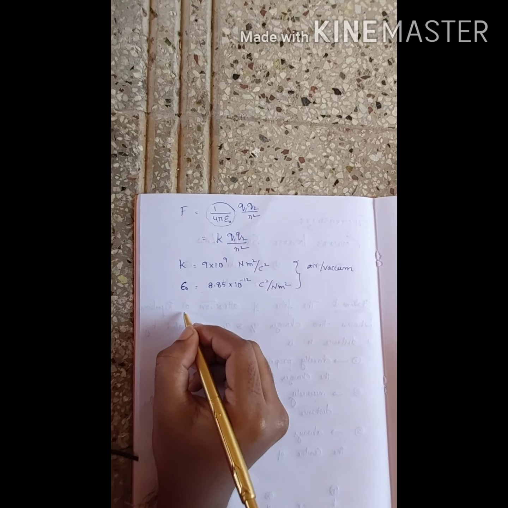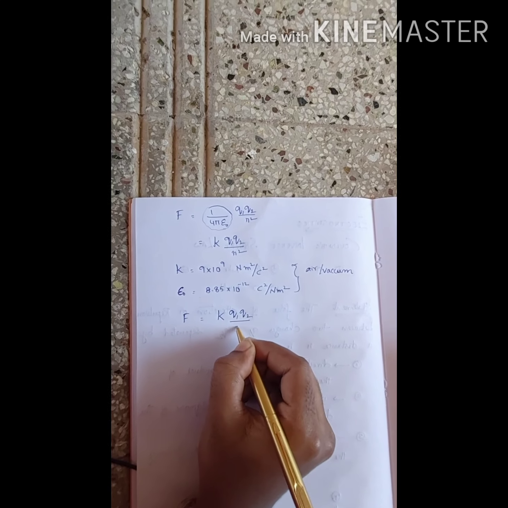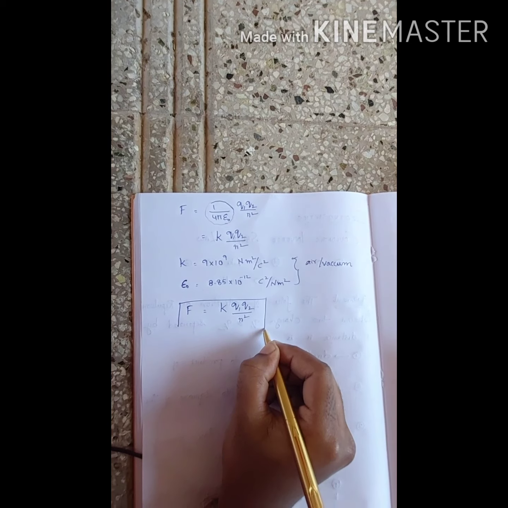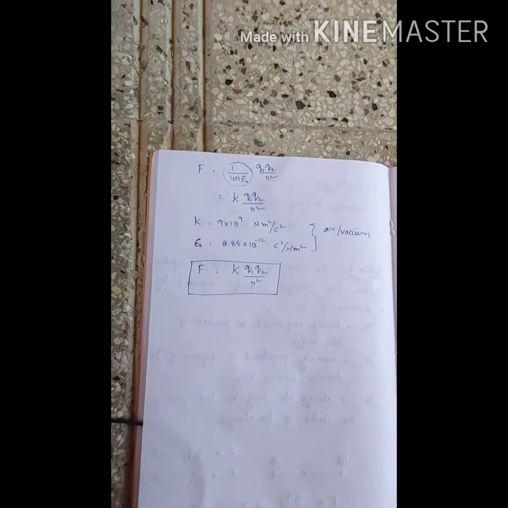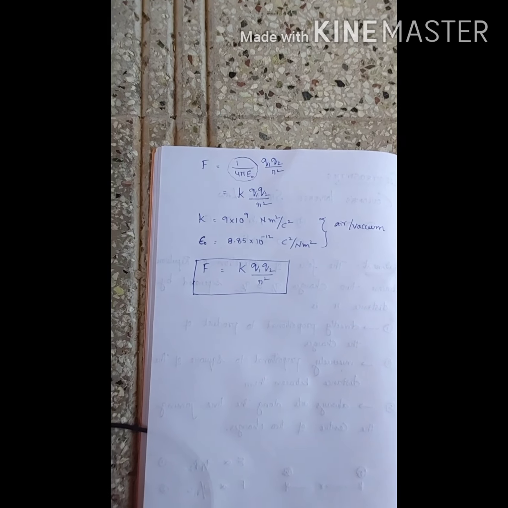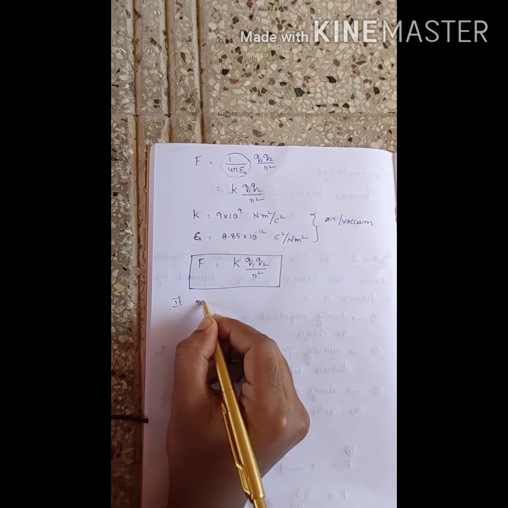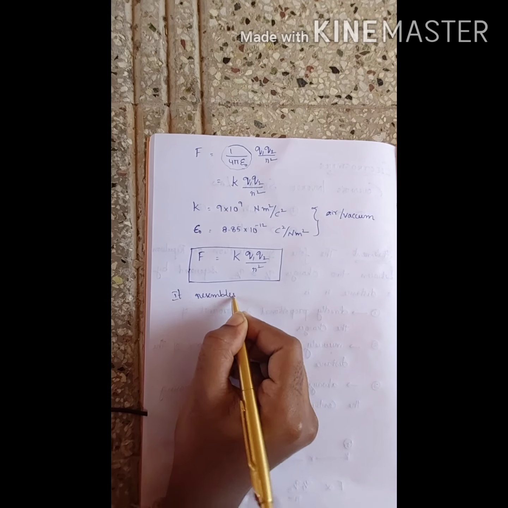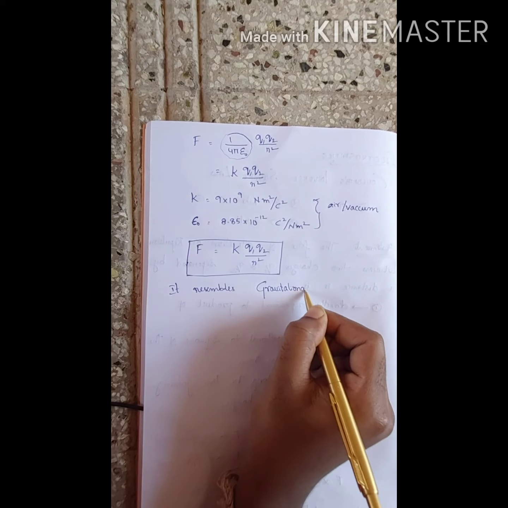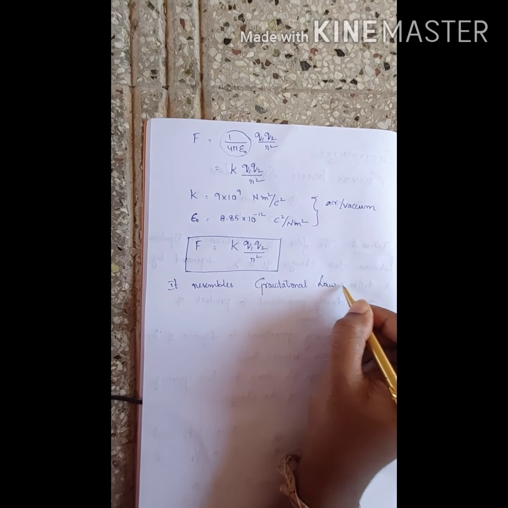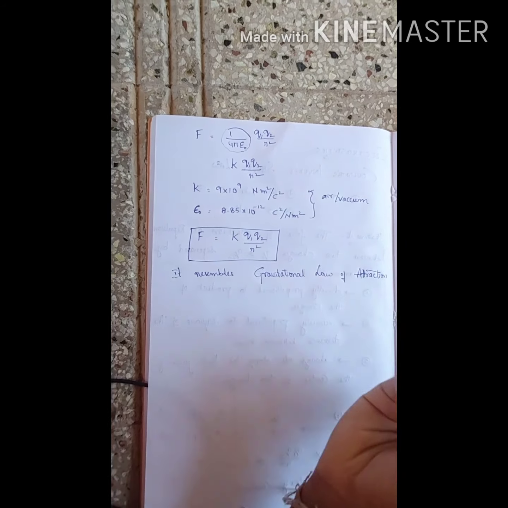Therefore, F is K Q1 Q2 by r square, and it is always acting along the line joining the centers of two charges. Is it resembling any other law that we know? It resembles the gravitational law of attraction.